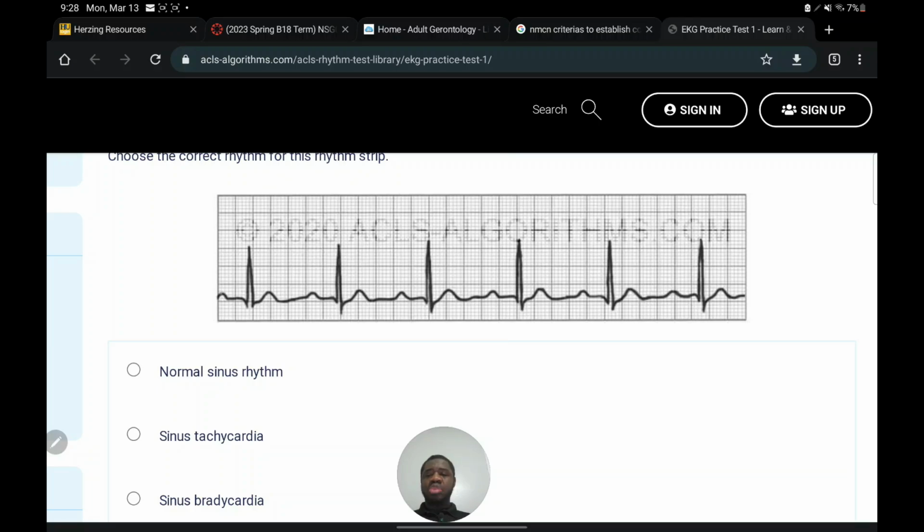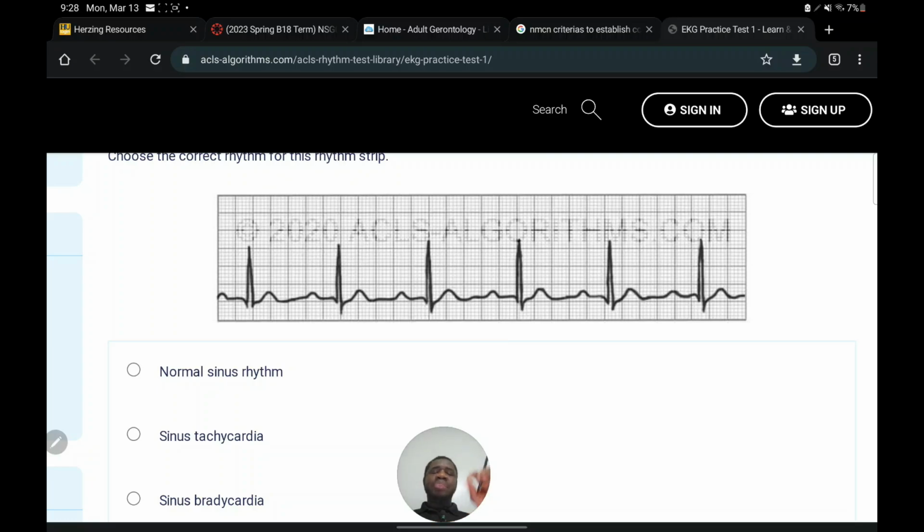You can see it has P wave. It also has QRS complex. It also has T wave. This one also has P wave, QRS complex, and T wave. But what do we observe in this rhythm?